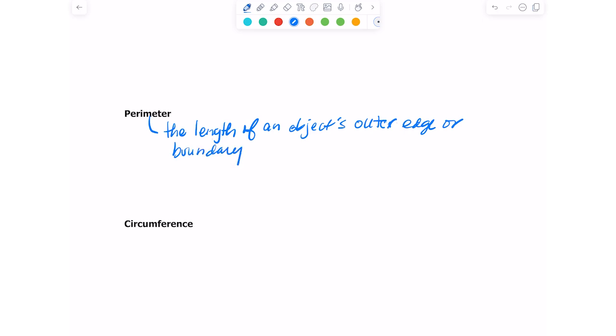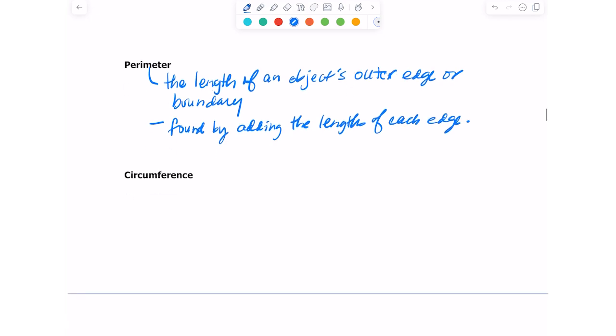And the way we find the perimeter is by adding the lengths of each edge. Okay. Circumference is basically the perimeter of a circle.